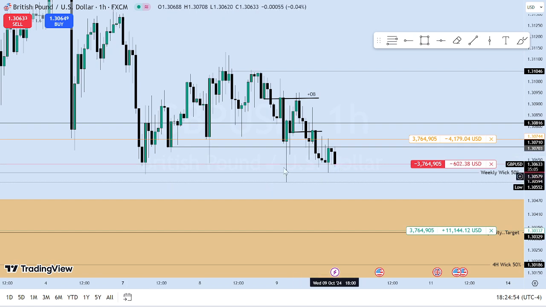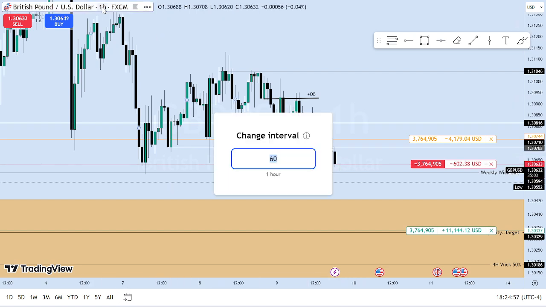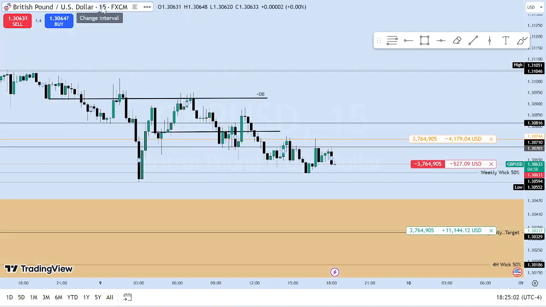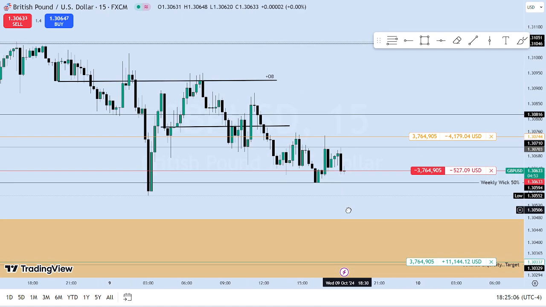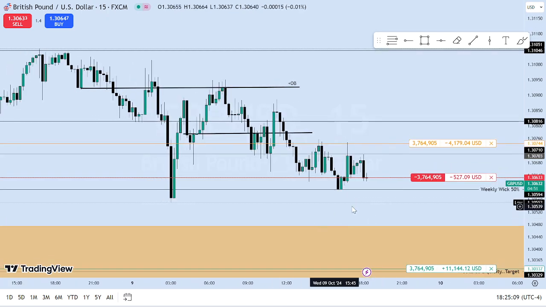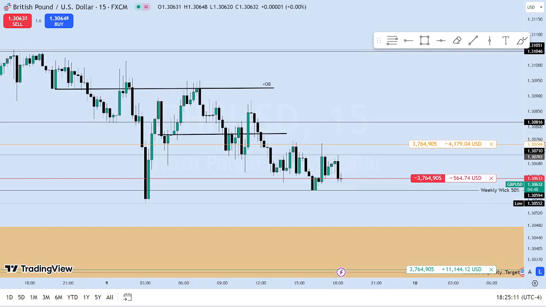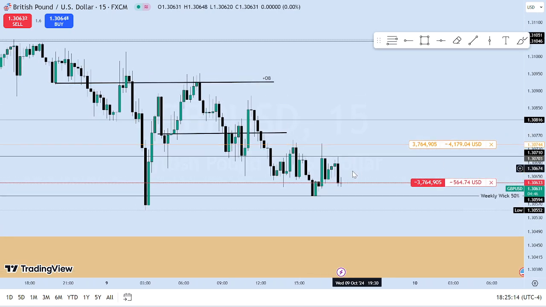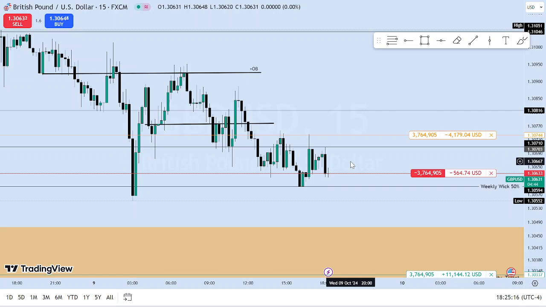Okay, so let's go down to 15 minutes. You can see price action here in 15 minutes is different from price action in higher time frames like 1 hour, 4 hour, daily, weekly. 15 minutes seems like a lot of candlesticks due to the time frame.